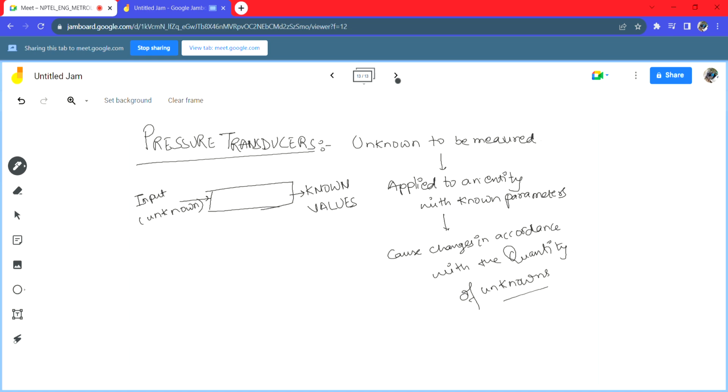Now, when this unknown input is applied, it causes changes, and this amount of change is attributed to the input being applied.